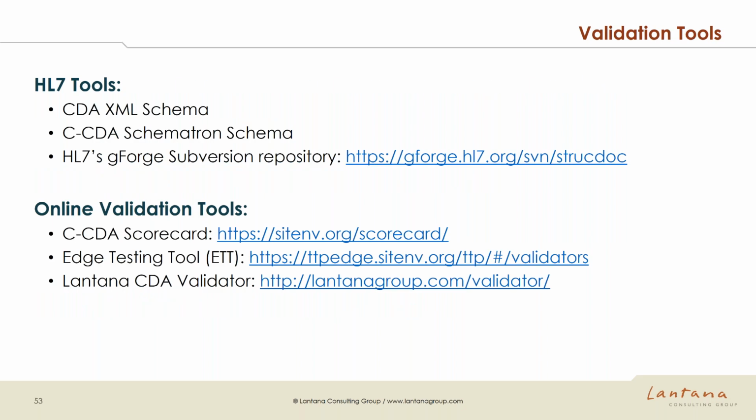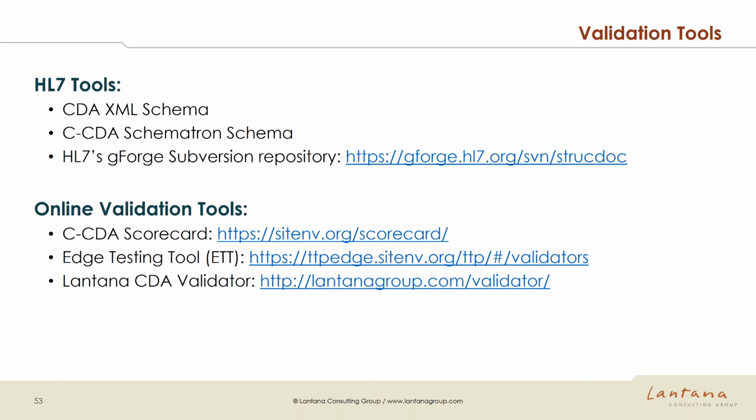Right, so for validating CDA documents, there are quite a few tools that are available. HL7 provides the CDA XML schema, as well as CCDA schematron schemas. In fact, nearly all implementation guides come with schematron schemas to test their rules. And you can find those in HL7's GForge repository, same place you would find the HL7 provided CDA style sheets.